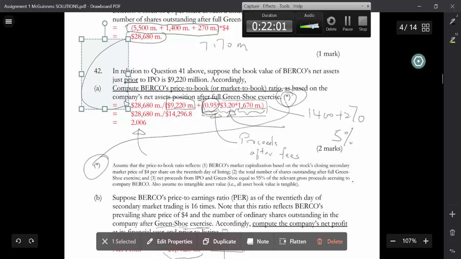That's what this 0.95 is doing here. Okay, so you add all that, and that should equal the book value of your company. But then the price is equal to 28.68 billion, which came from this valuation here. Okay, is everyone okay with that? All right, that's good.